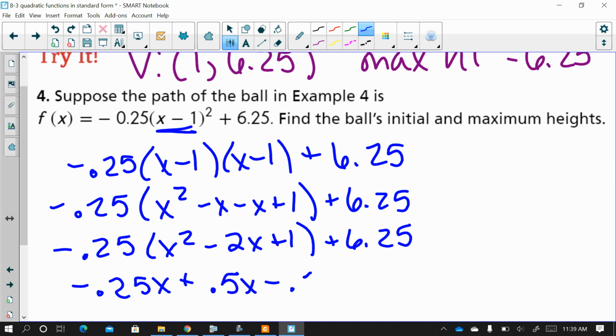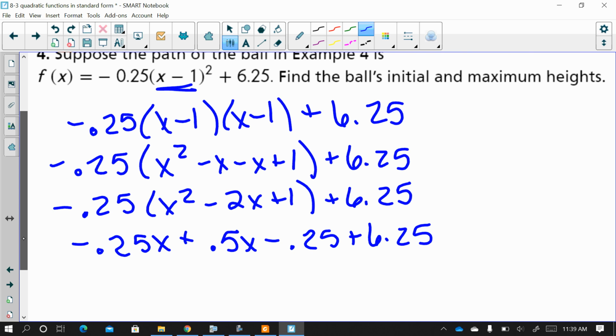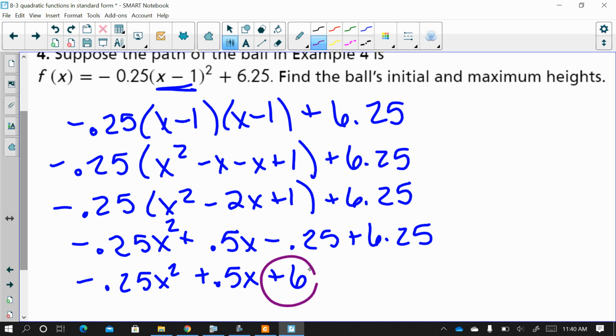Minus 0.25 plus 6.25. Last step, combine like terms. So what's the initial height? Well, it's just my y-intercept. So the initial height is 6.